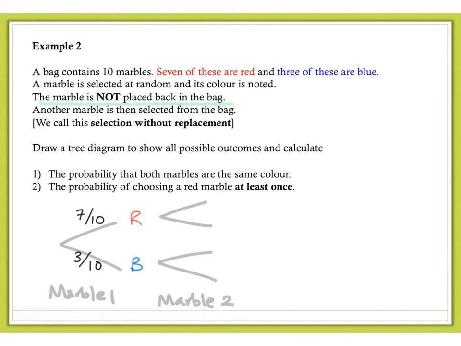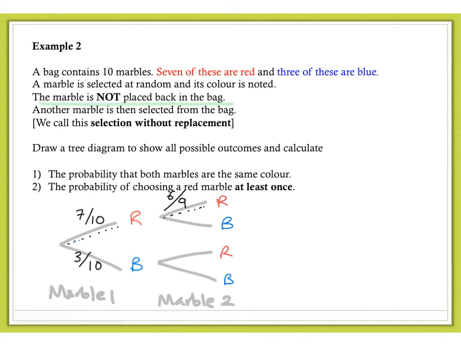And again, the options are red or blue. But we've got to think very carefully about the probabilities. If we follow this branch here, we've pulled out 1 red marble. That means there's only 6 marbles left out of 9 marbles overall because we've taken 1 out.